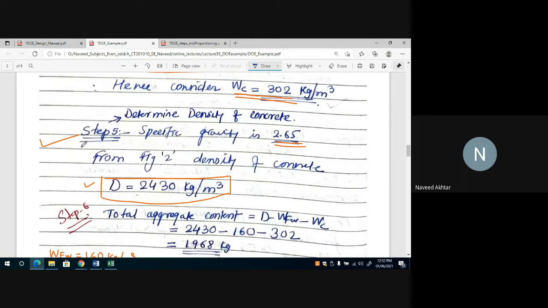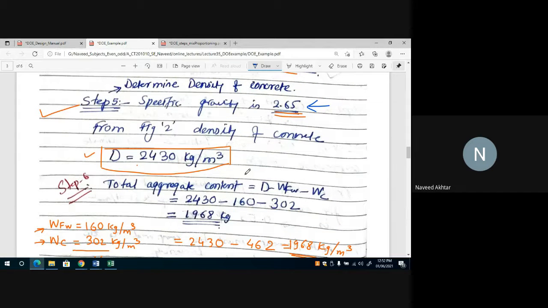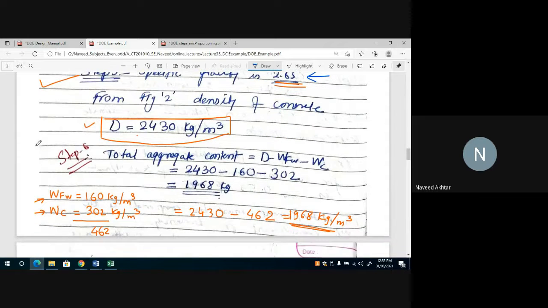Then determine the weight density of concrete by knowing the specific gravity of concrete from figure number 2 and the water to cement ratio. From the weight density you have to deduct the mass of water and the weight of cement, and you will get the total aggregate content in kg per cubic meter.